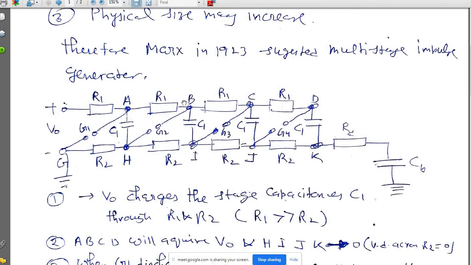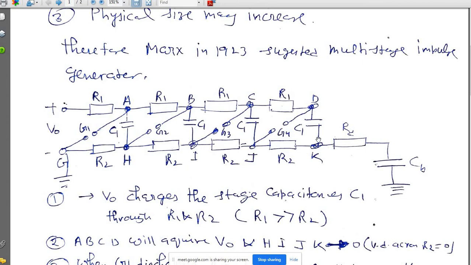R1 and R2 become parallel, and A to H is joined to C1. Similarly, in this block R1 and R2 are parallel, and in this block R1 R2 is parallel with CD. So there are 3 blocks with resistance, capacitance, resistance, capacitance, resistance.